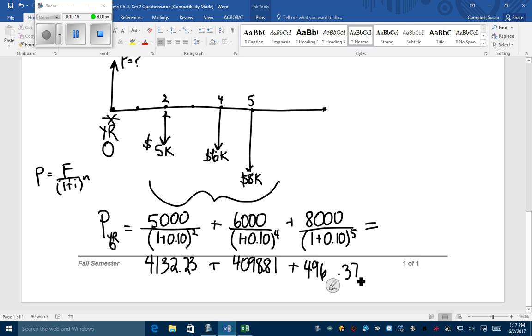Oops, I lost a number there. 67, which becomes a total of 13,197 and change. So the equivalent value of these three disbursements of money over those three different time periods is 13,197.